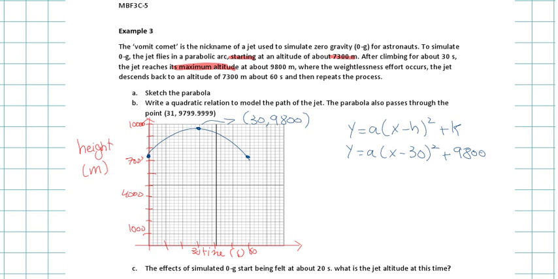I know the x and the y, so I plug them in. They gave it to you to 4 decimal places because they want accuracy, and you have to keep the 4 decimal places. No matter what you do, if they give it to you that way, that's what you have to use. Okay.